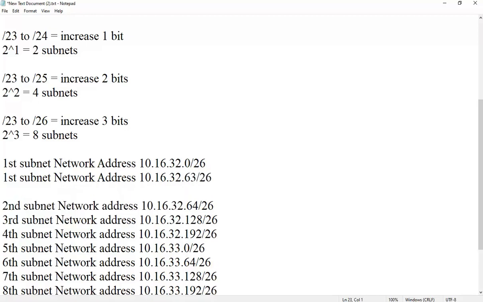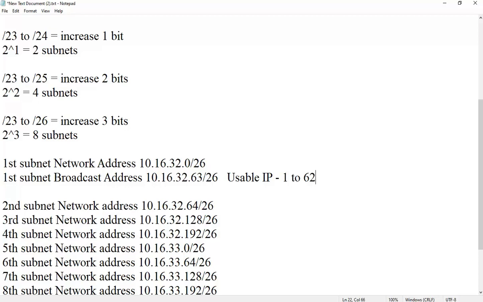So it means that for the first subnet, the network address will be 10.16.32.0, and the broadcast address will be 10.16.32.63. And by knowing this, we will know that my usable IP address will be from 1 to 62, because network address plus 1, broadcast address minus 1.